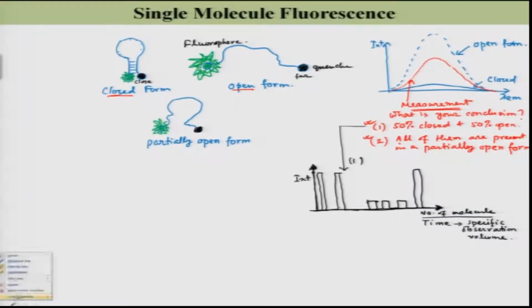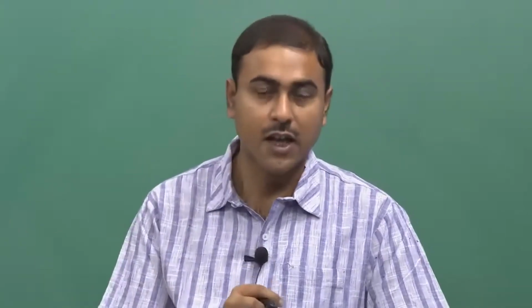However, in case 2, whenever a molecule enters this observation volume, the fluorescence intensity which you get from this observation volume will be fixed. It will not depend on which molecule is entering, because all of them are partially open. It is not like some are fully open and some are fully closed.